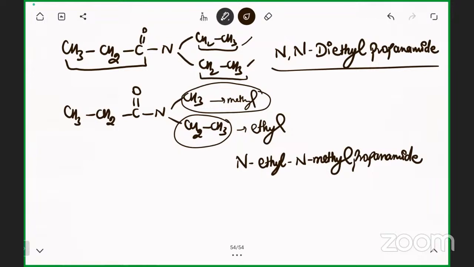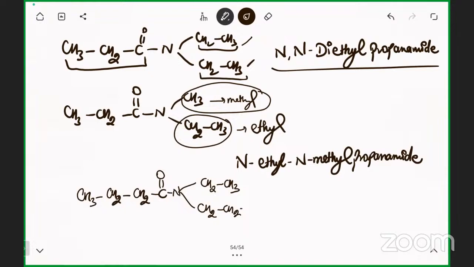Okay, let's take one more example. CH3, CH2, CH2, C double bond O. Then here we have CH2, CH3. Here we have CH2, CH. Where is N? Here. CH2, CH2, and then CH3. Now name it.